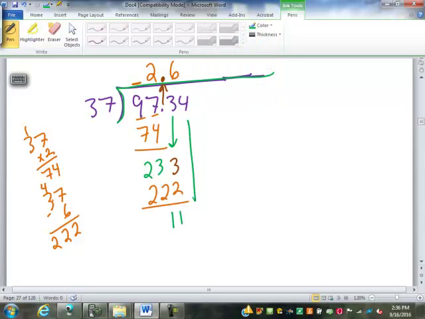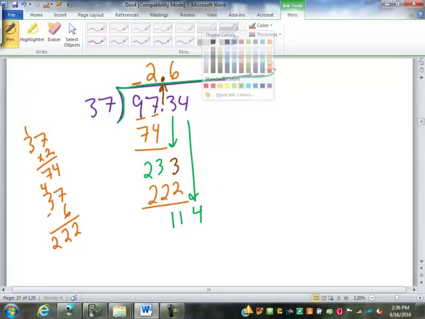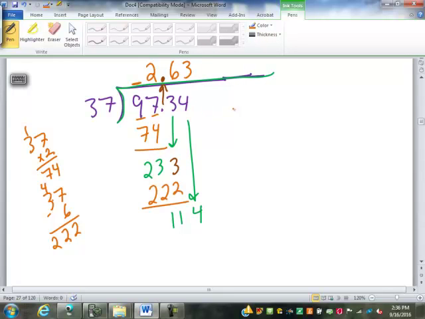And we can bring down the 4. 37 into 114. I will try a 3. 3 times 37 is 21, carry the 2. That's 111, right? So at 111, we subtract to get 3 left over.